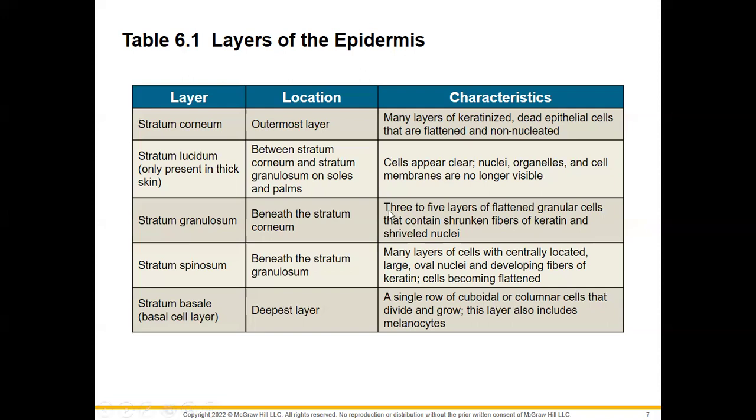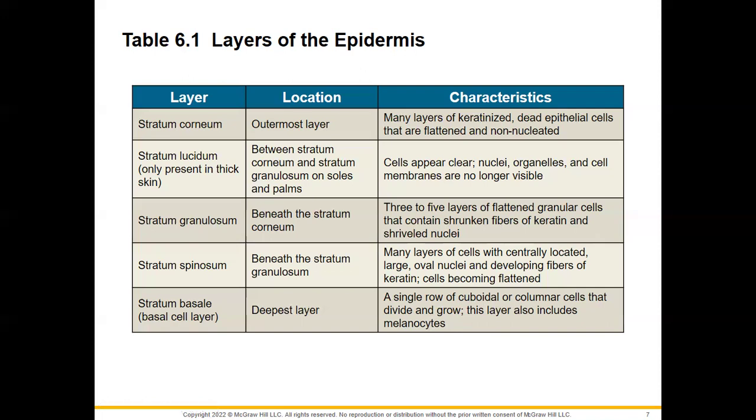So superficial to that, we have the stratum granulosum. Stratum granulosum. This layer is going to be about 3 to 5 cell layers thick. They're going to be much more flattened. They're going to have what looks like granules inside. And these granules are basically going to be those keratin fibers, more and more keratin fibers.